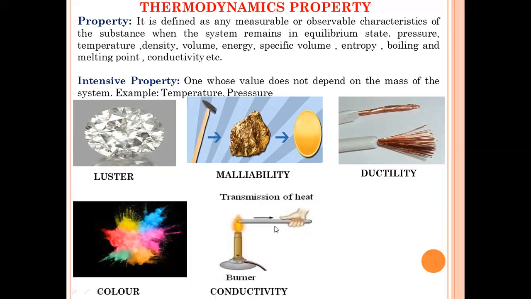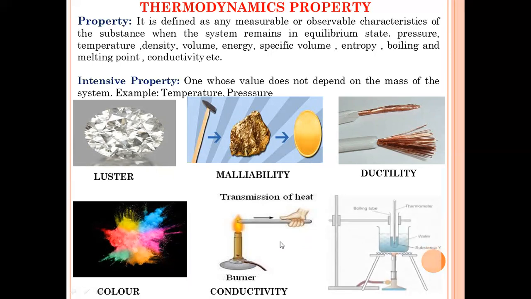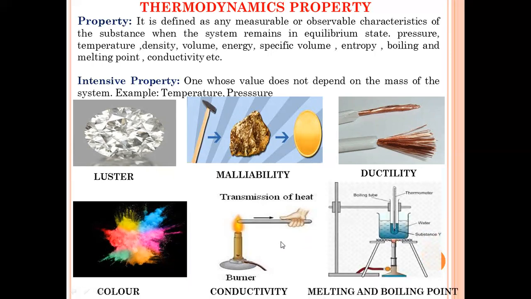Conductivity does not depend upon the mass, meaning 100 meters of wire has the same conductivity as 50 meters of copper wire. Boiling point and melting point: 1 kg of water has the same boiling point as 50 kg of water. So boiling point and melting point do not depend upon the mass.